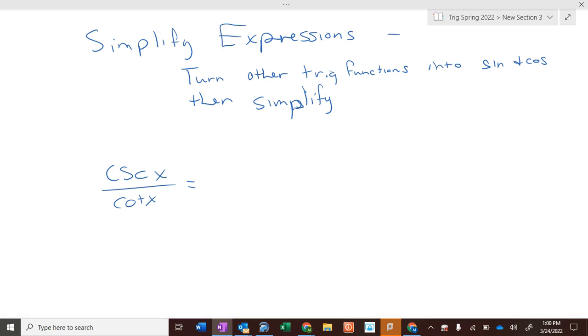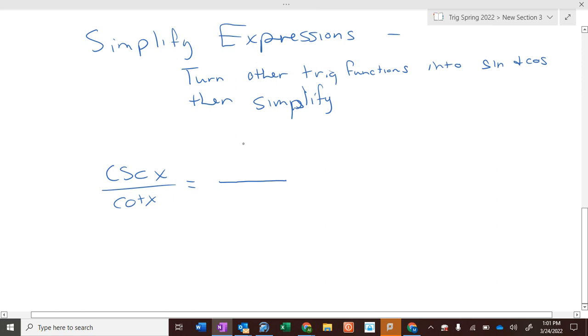Well, from your note card, what is the cosecant of x equal to in terms of sines and cosines? 1 over sine of x. And from your note card, in terms of sines and cosines, what is cotangent equal to?